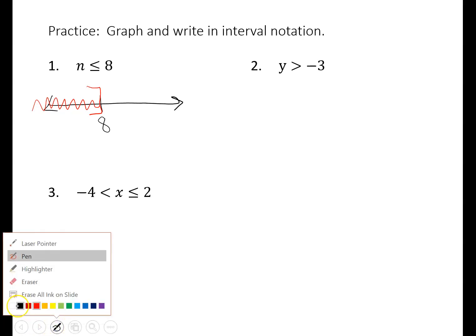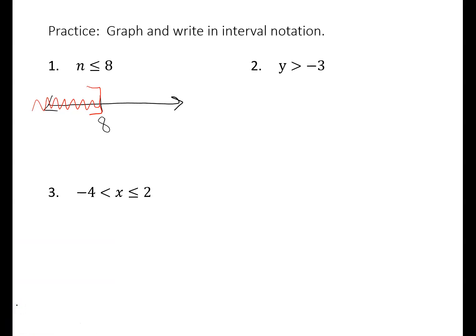And then for the interval notation, left to right, so forever to the left, we need to put negative infinity first, comma 8, parentheses, and then a square bracket on the 8. So now we have the graph and we have the interval notation.